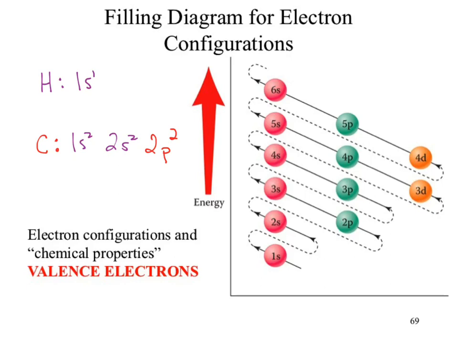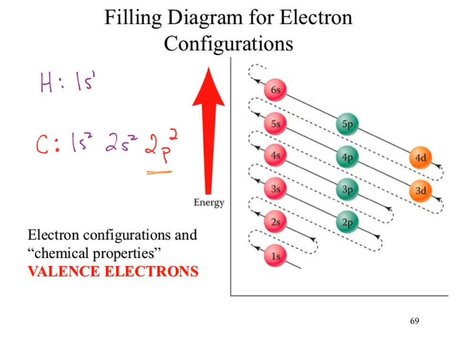What makes carbon more difficult than hydrogen? There's more electrons. Which electrons are going to interact with the outside environment first? We would reference the highest energy electrons. Where are the highest energy electrons? The last. That's not bad, but unfortunately that's not clear enough. The next clear answer was 2p.